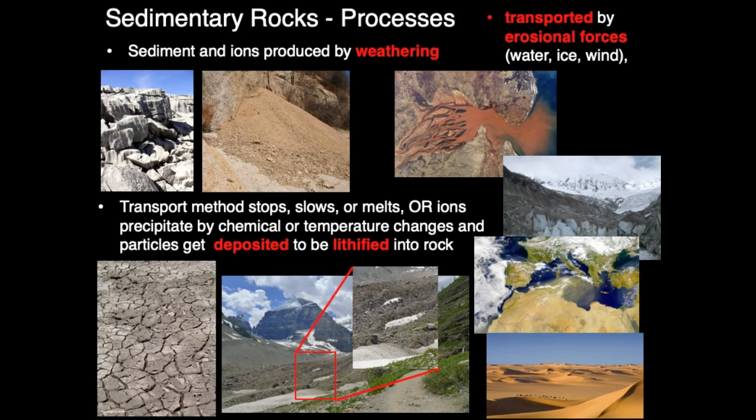But the deposition of material that is dissolved in water, so ions in solution, is not related to the decreasing strength of the transport agent, but rather to the removal of these ions by chemical or temperature changes, which causes that material to crystallize and then precipitate out of that solution, meaning again to solidify out of the liquid solution. That's what the precipitate means, and I'll be referring back to that again.